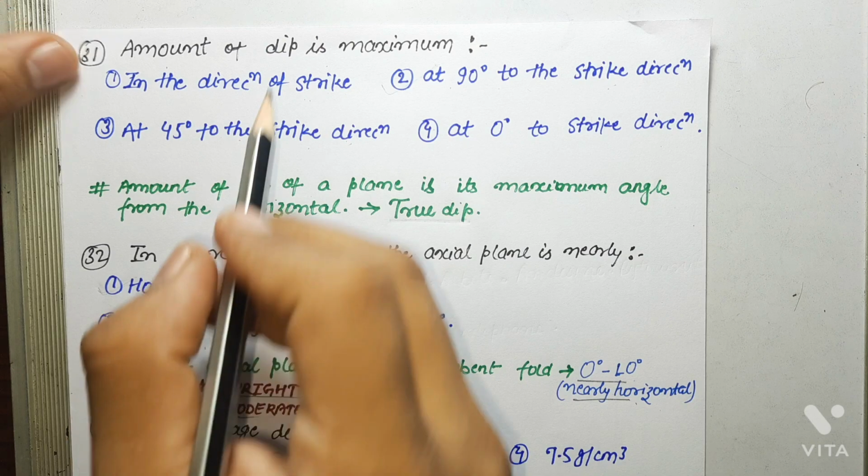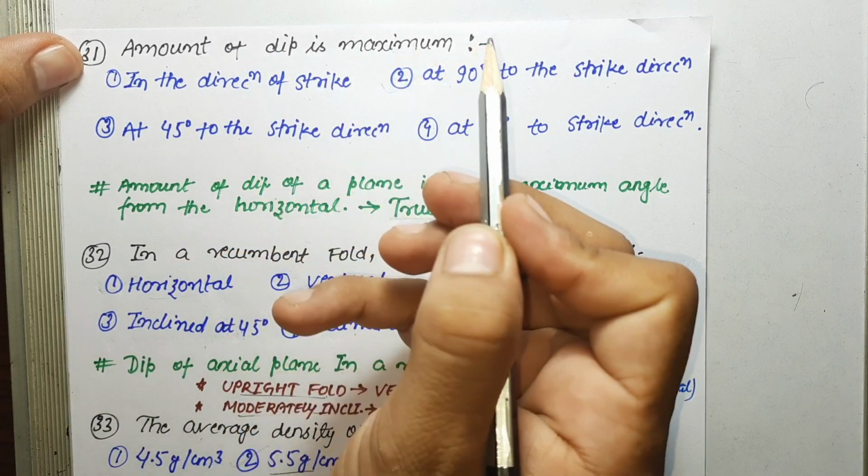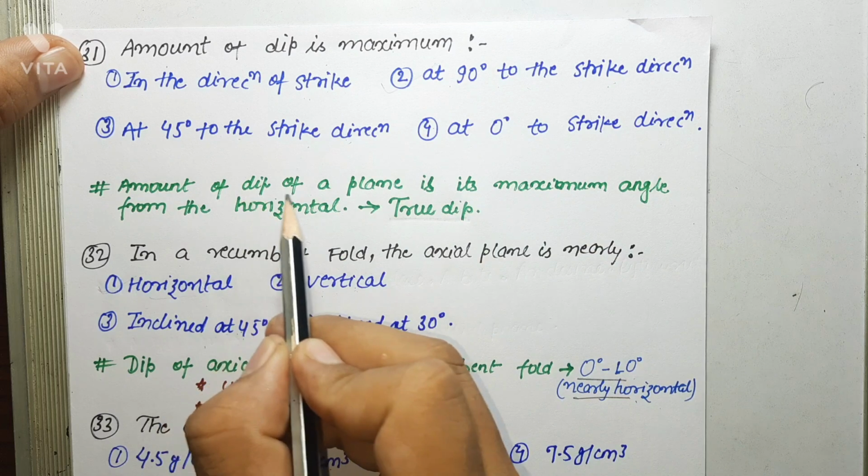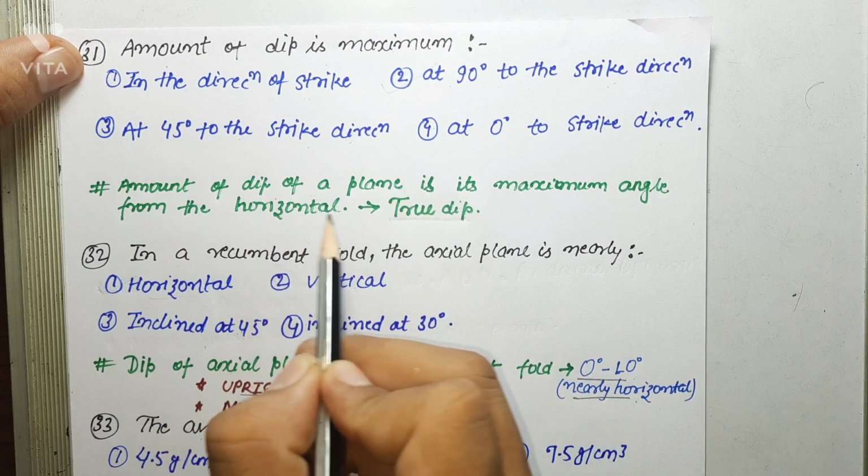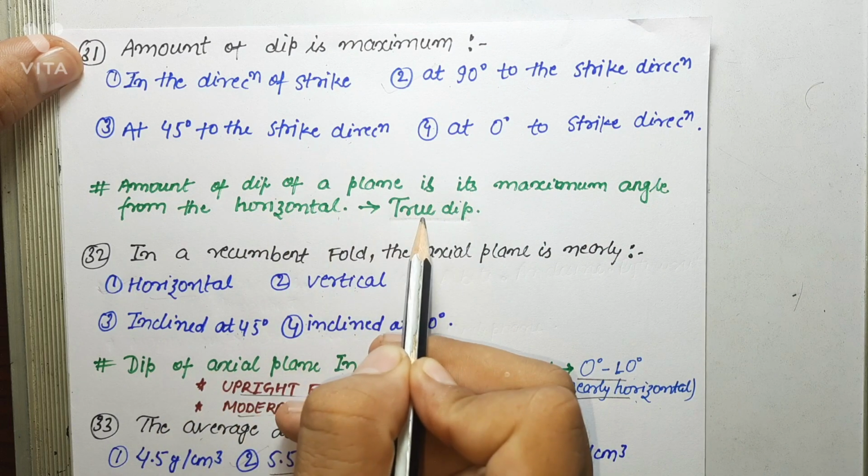First question says, amount of dip is maximum. Now, amount of dip of a plane is its maximum angle from the horizontal, that is true dip.